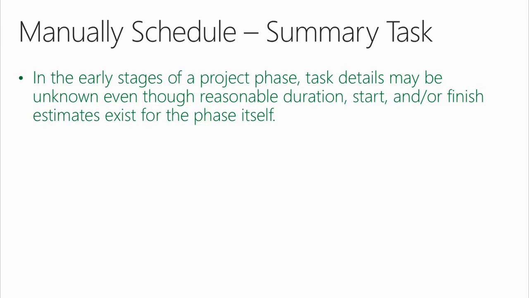Now let's go back up to that summary task where we would think about top-down planning. In the early stages of a project phase, task details may be unknown, even though reasonable duration, start, and or finish values exist for the phase itself.